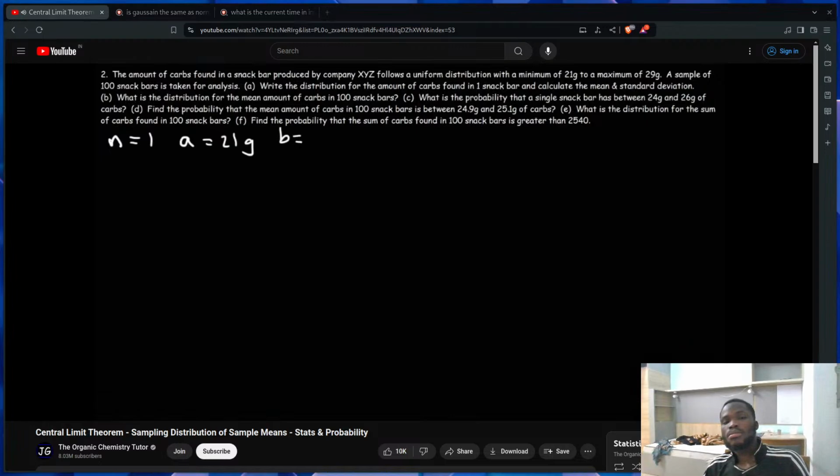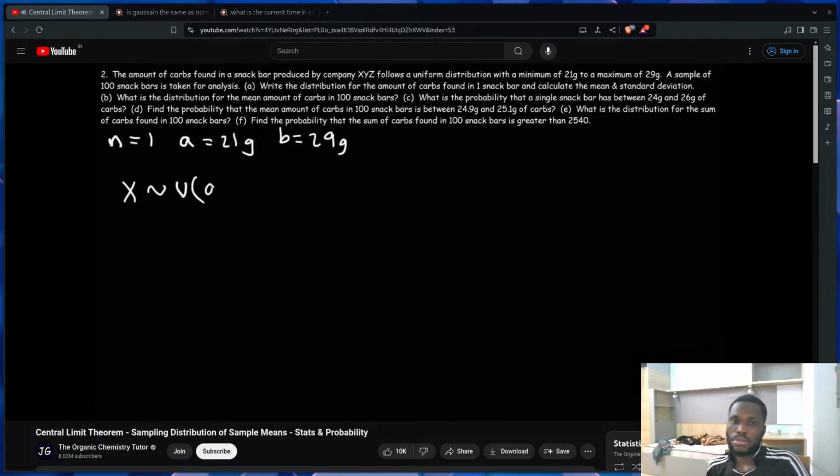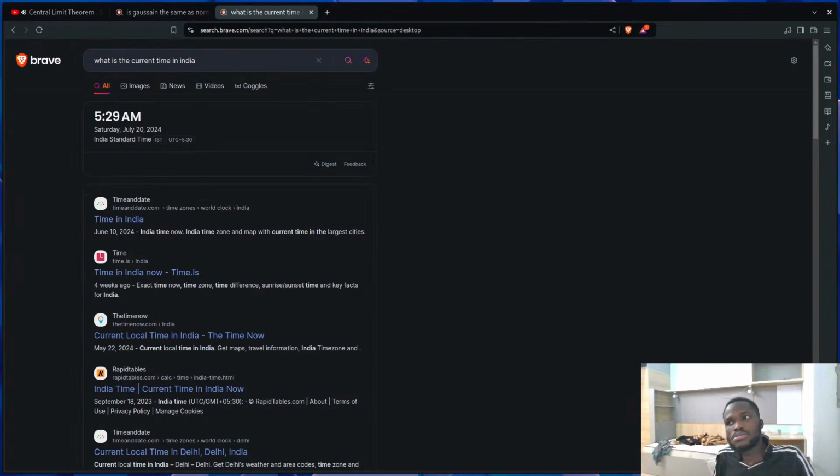The maximum amount of carbs in a snack bar, that's 29. Now, to write the distribution for the amount of carbs, we could use these symbols. Since we're dealing with a population distribution, the random variable is x. It has the shape of a uniform distribution, and it varies between a and b. So for part A, we could say that the distribution is x, and then U, a to b, or 21 to 29. So that's the first part of part A.